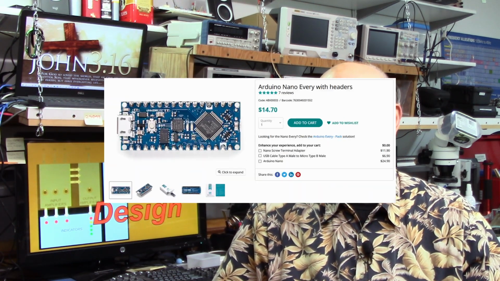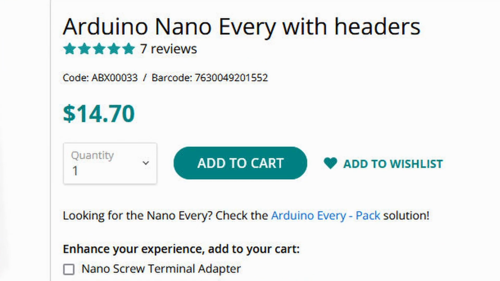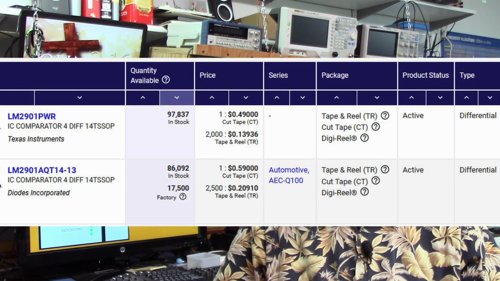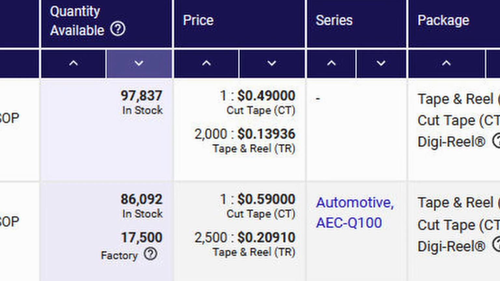And the cost of the Arduino Nano Every, well, they're about $15 or so, depending on where you get it. And comparators are 50 cents a piece, and I only need 2 of these. So all of this has stood my concept of the implementation of the indicators function block right on its ear, and the effects ripple back through the whole rest of the design.